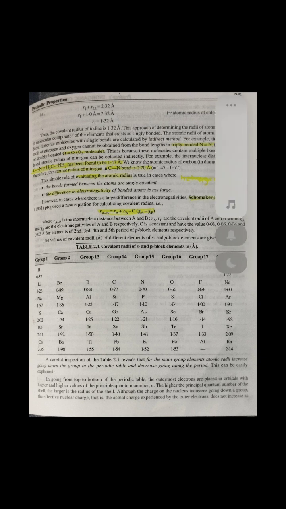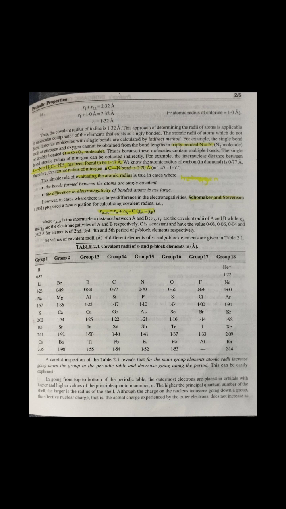Therefore, the atomic radius of nitrogen in the C-N bond is 0.70 angstrom. This simple rule of adding atomic radii is true in cases where the bond formed between the atoms is single covalent and the difference in electronegativity of the bonded atoms is not large.